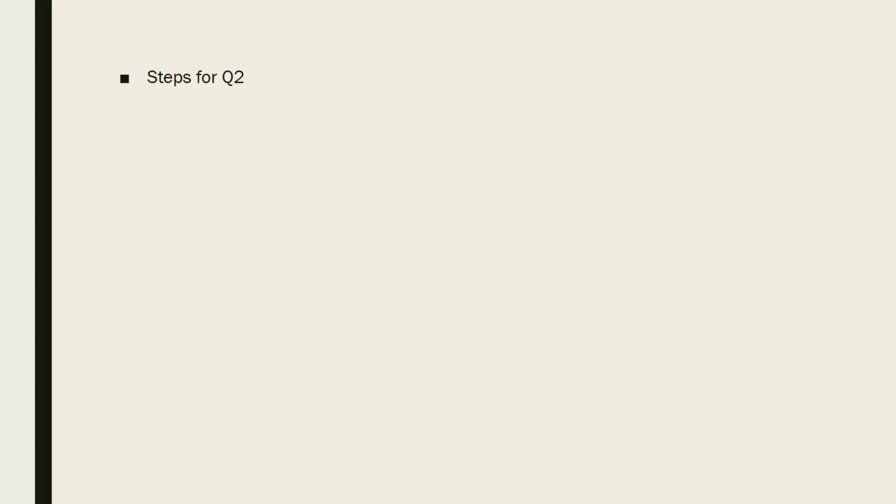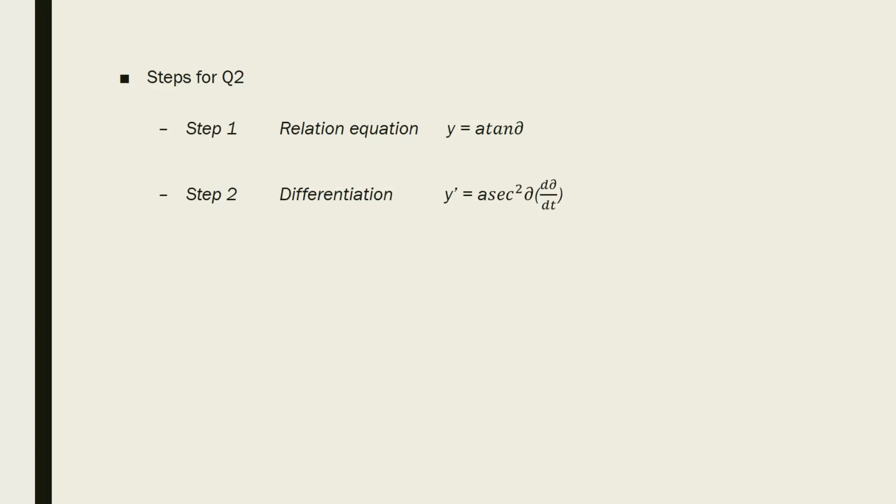For the second question, the first step is to find the relation equation and rate equation, which are also the same in this case: y equals a tangent theta. Our second step is to differentiate the function, which gives y prime equals a secant squared theta times theta prime. The third step is to insert the result into the rate equation.